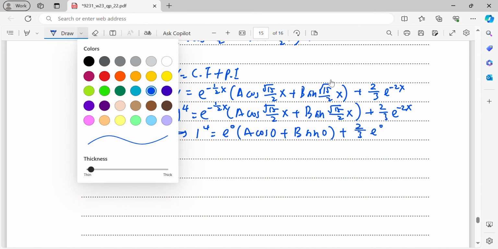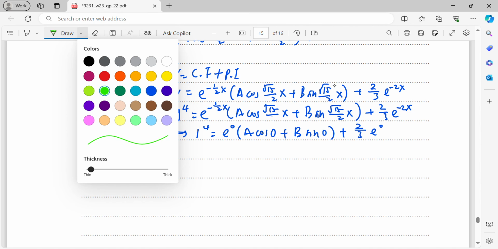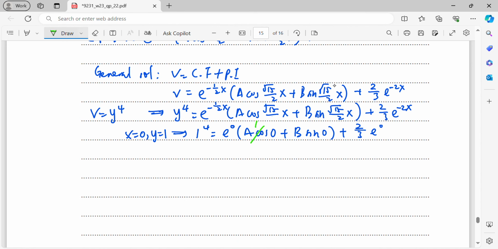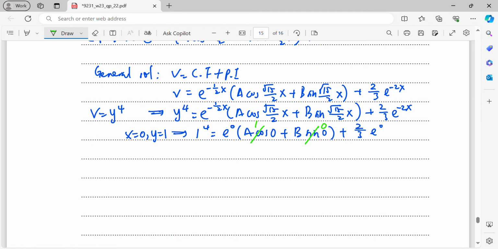Okay, now e0 is 1, cos 0 is 1, sine 0 is 0. That means now I'm getting 1 equals a plus 2 over 3. Therefore, my a is 1 minus 2 over 3, which is 1 over 3.